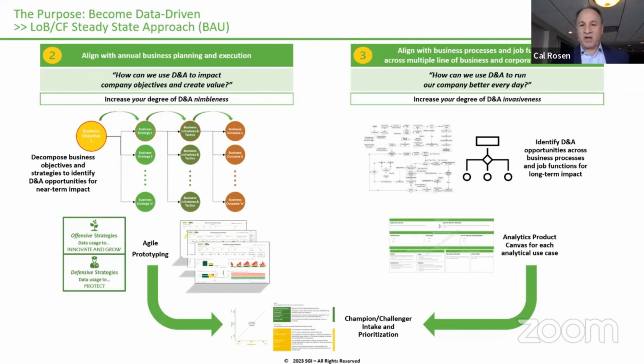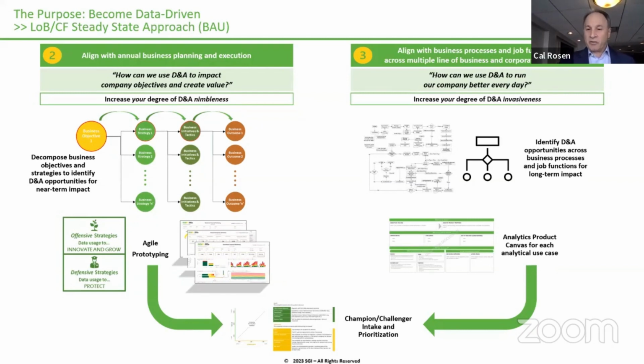Looking to number 3 on the right, it's really around decomposing the actual business processes themselves and understanding if we were to transform this business process and make it more intelligent. It could be that we need to develop a workbench. And in our case, we're talking about building workbenches for both the adjusters as well as the underwriters. And that really starts with understanding and decomposing what is the job function itself.